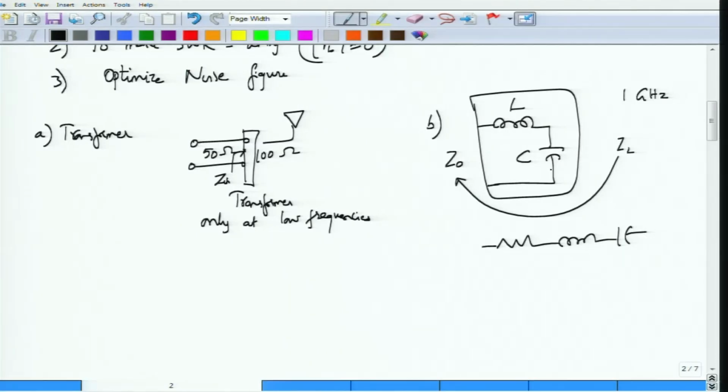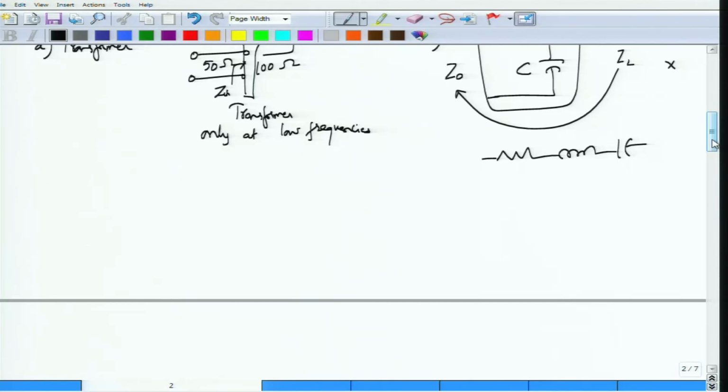There is an L part in that capacitor, the inductor part in the leads of the capacitor, but that can usually be neglected. But the point here is that lumped element matching networks cannot be sustained at high frequencies, and if you are designing some microwave or radar applications, antenna applications at high frequencies, this is not the way to go for impedance matching. What can we do?